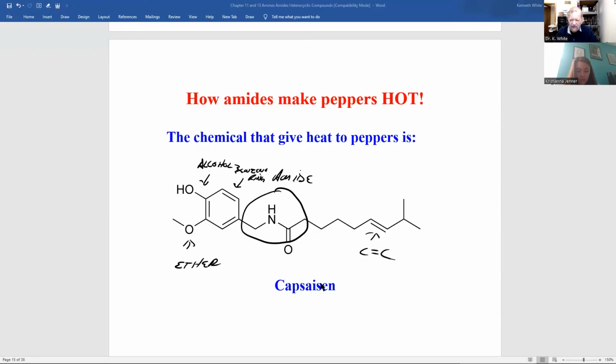And I'll teach you this later on. There's a principle called like dissolves like. Things that are polar are soluble in polar things. Things that are non-polar are soluble in non-polar things. You mix the two together, they're not soluble. Now, if you look at capsaicin right here, this is non-polar.